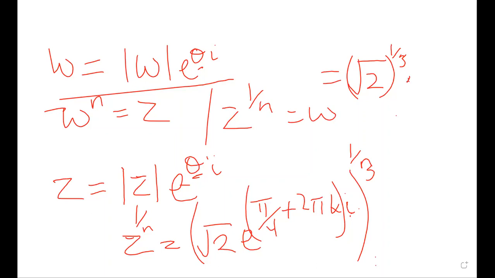Right now we have the square root of 2 to the power 1/3. And then we have e to the power of the principal argument, let me just call it theta, times i. That one too is also raised to the power 1/3.